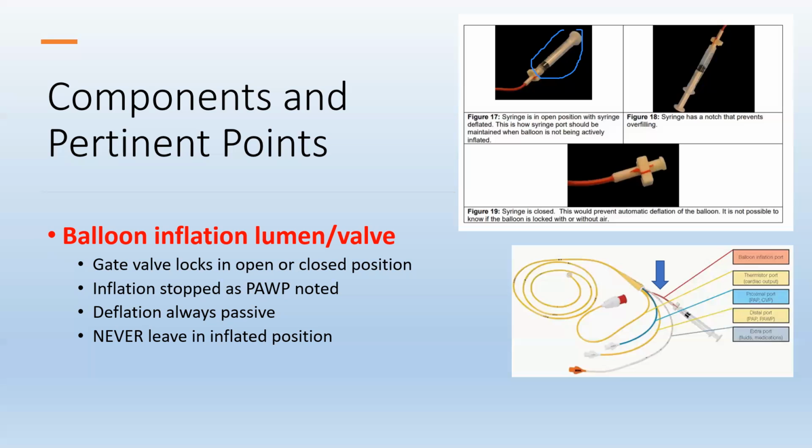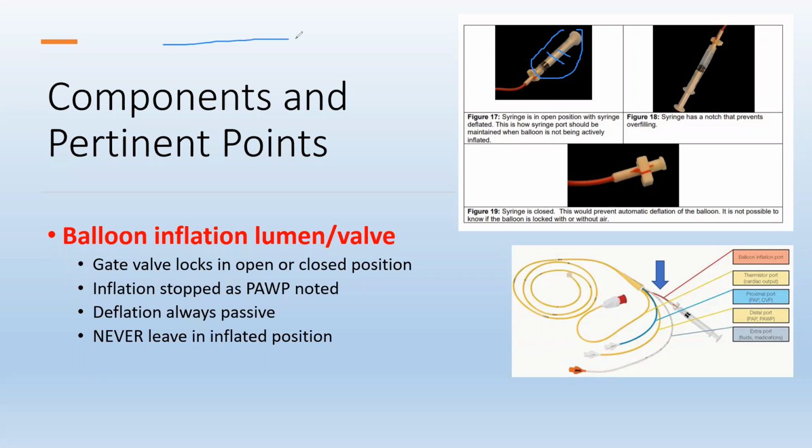So what can happen if you overinflate this? Supposing now that this got lost, and sometimes it does, and nurses are now going to use a regular syringe, which is not going to be acceptable. If you overinflate, it damages the pulmonary artery.